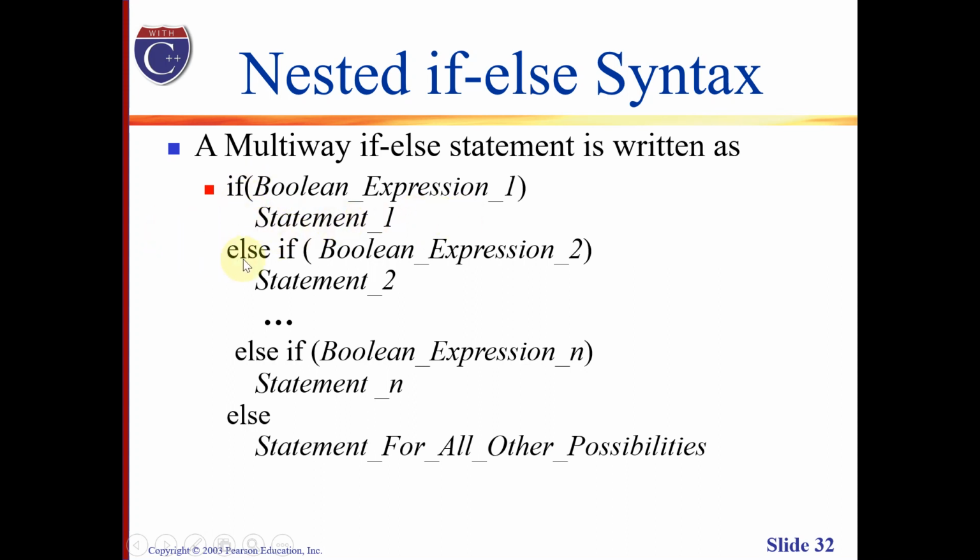Same also with the succeeding else if statement. Simply use the else if keyword followed by the Boolean expression enclosed in parentheses, and of course, as many else if statements that we need. Then finally, the last else statement, which would close our nested if-else statement.